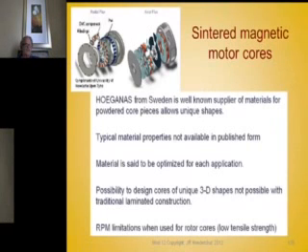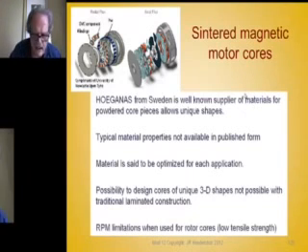So if you have this part, you insulate it, either powder coat it or put a molded plastic part around it, and then you wind right on it. You layer wind such that you have a very high slot fill, not much wasted air, and then you put them all together and bond them together or shrink them in a tube or whatever. You can get complicated 3D shapes out of this that you can't get out of laminations.